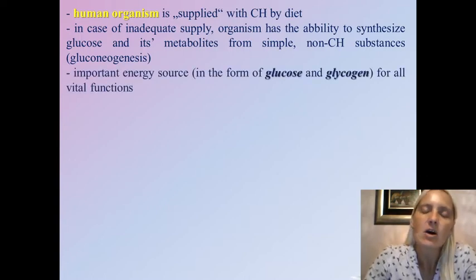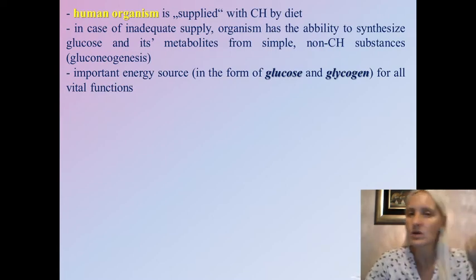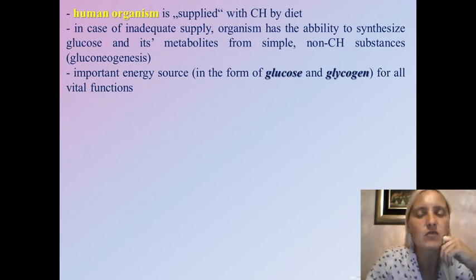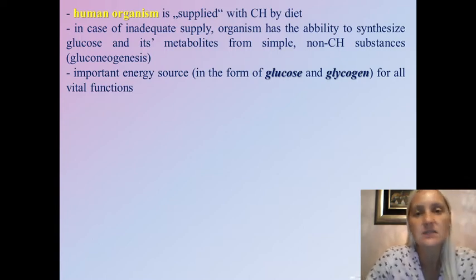Carbohydrates are a really important energy source, and we say they are short-term energy sources because you get quick energy, not long-lasting energy, from glucose or glycogen, which is a polymer of glucose molecules. This energy can be used for the maintenance of the basic metabolism of the cell.